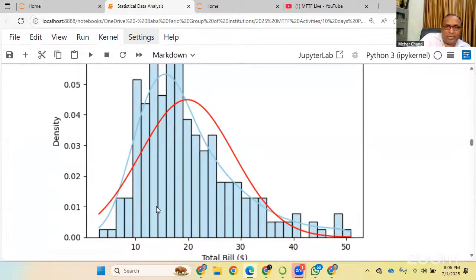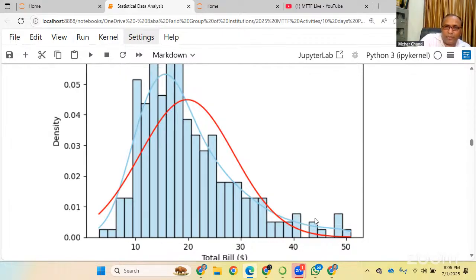Okay, and how many bins? Most of the bins, more than 50%, are under this red curve.